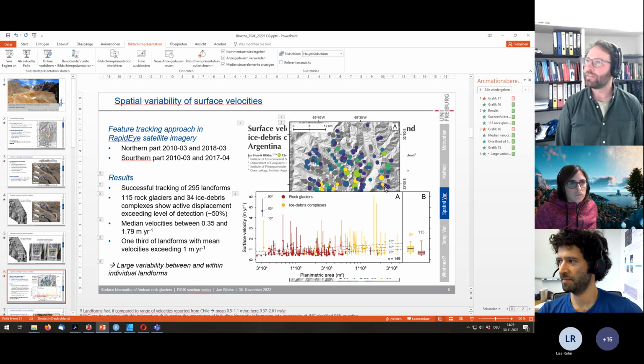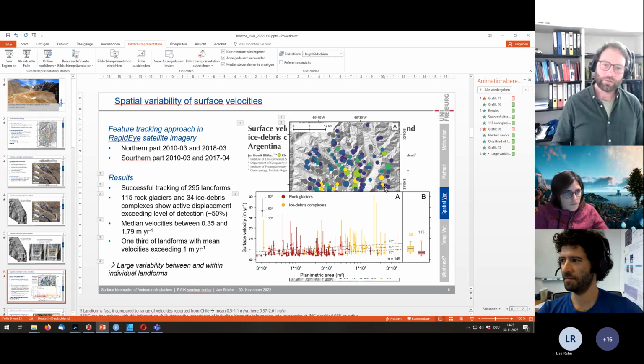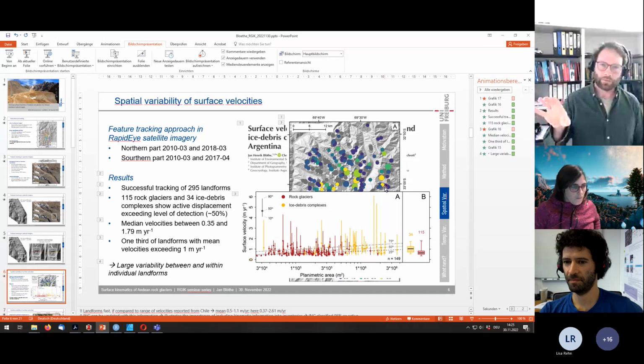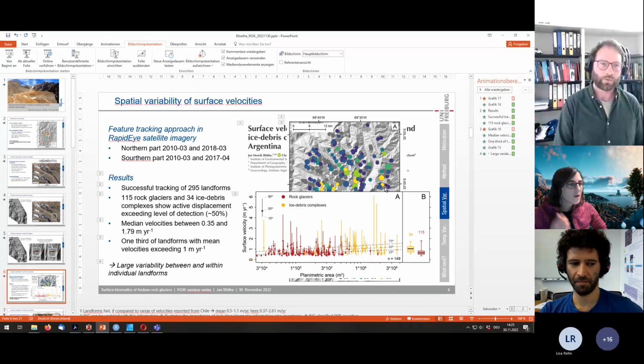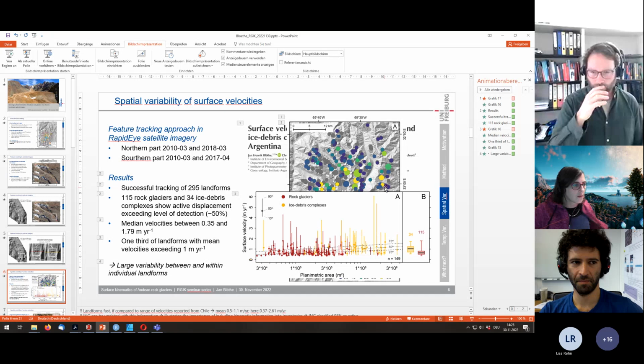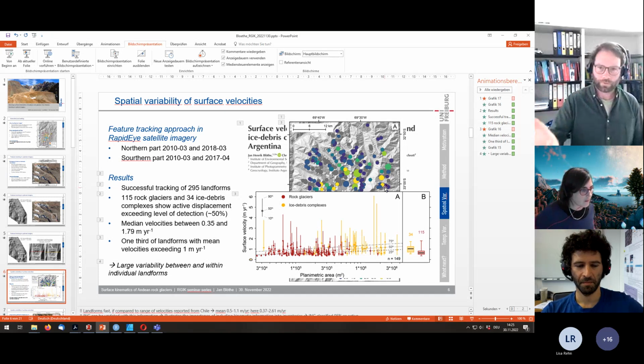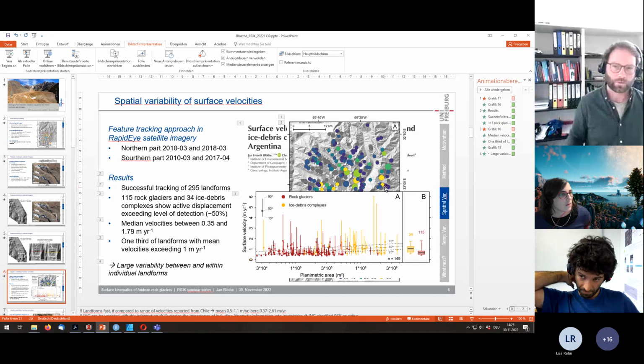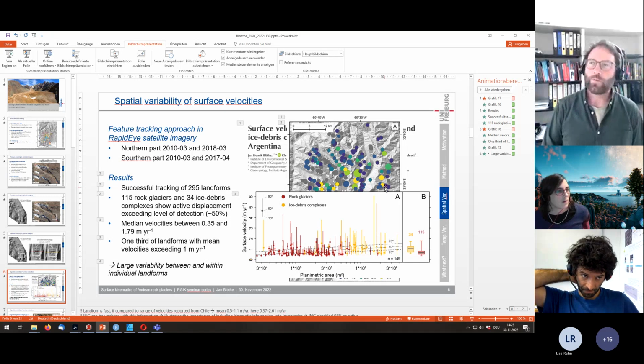Yeah, a good question. In the study in the Central Andes, I was using the outlines as contained in the Inventario Nacional de Argentina. So I used a published inventory and just took the outlines and tried to track movement.